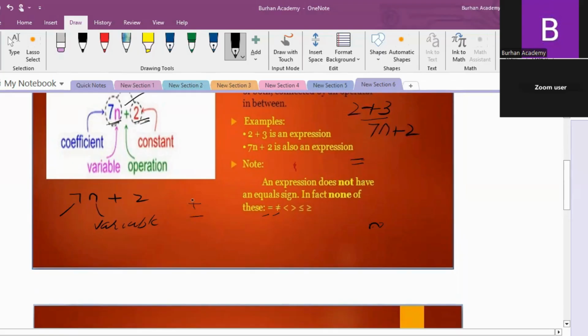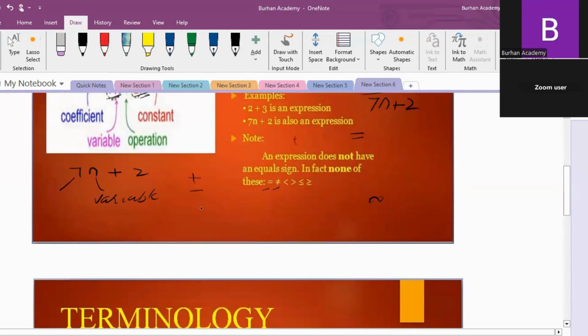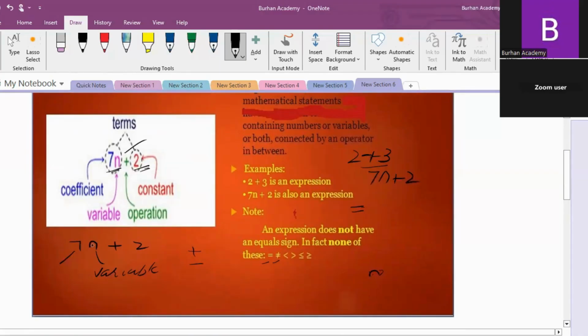Can n take any type of variable? It cannot only be n, it can be x, y, z, a, b, and so on. We can write it as 7a, or as 7b. b is a variable, 7 is a constant, 7 is a coefficient of n, and n is a variable.